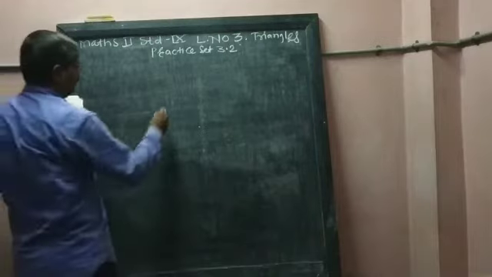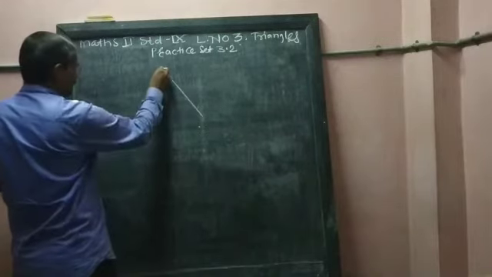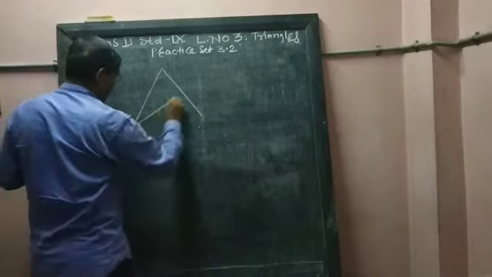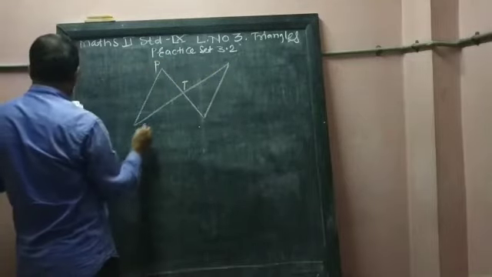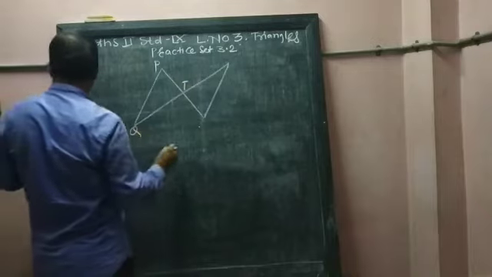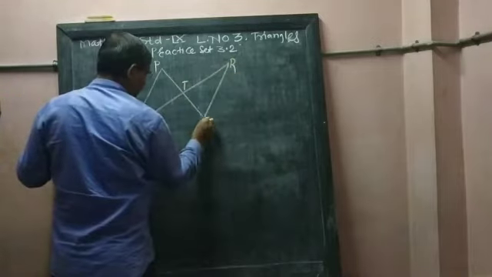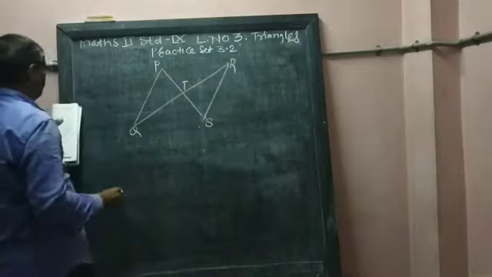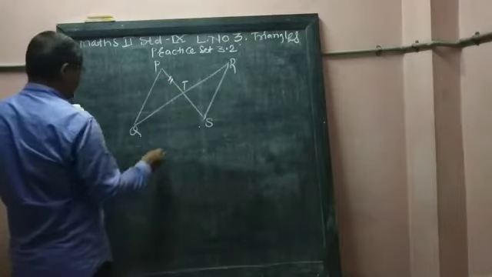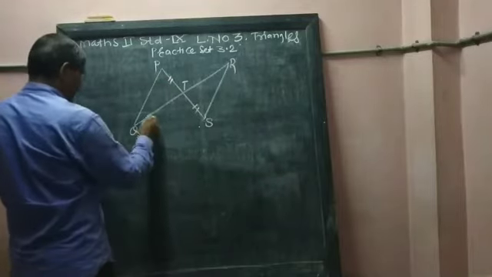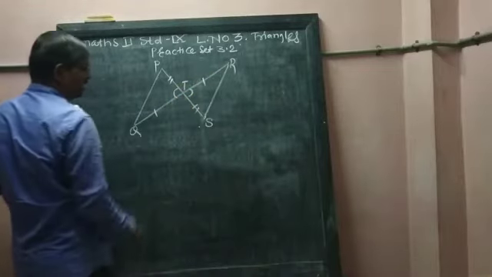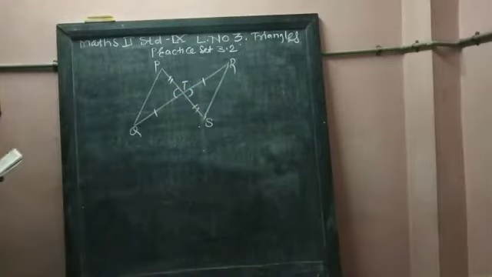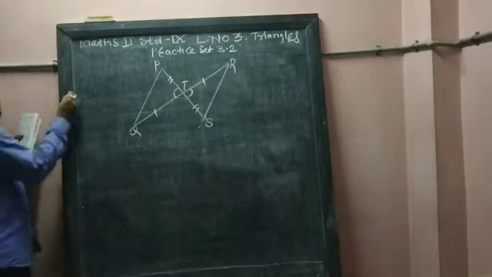There are two triangles given, with points P, T, Q, R, S. Here PT and TS are marked, QT is congruent to TR, and these two angles are congruent to each other. Then we should go according to the given figure.